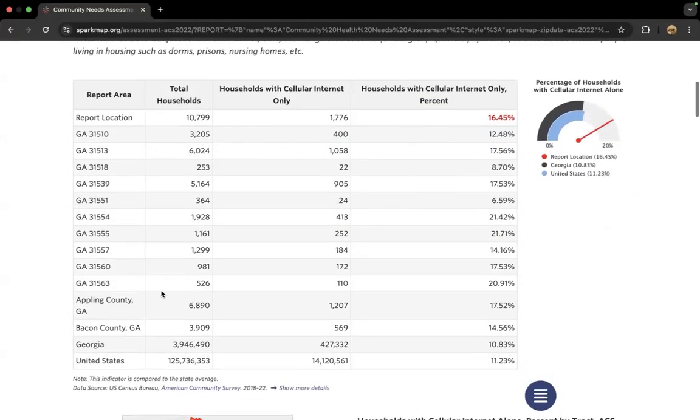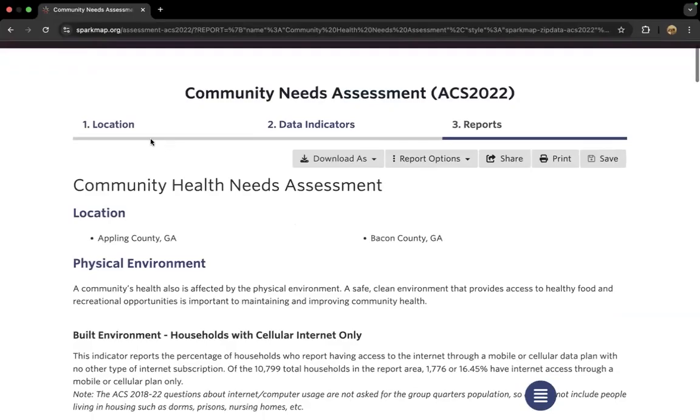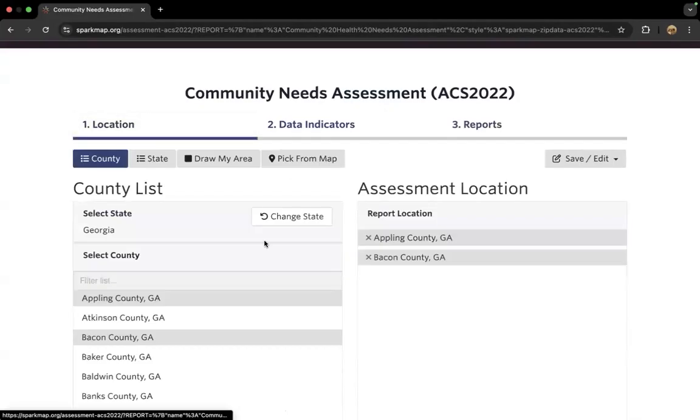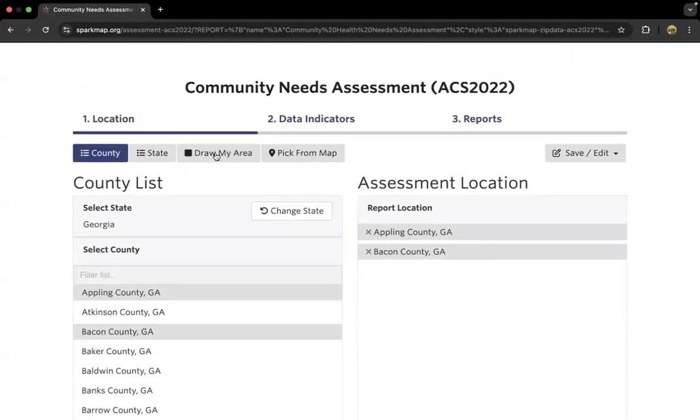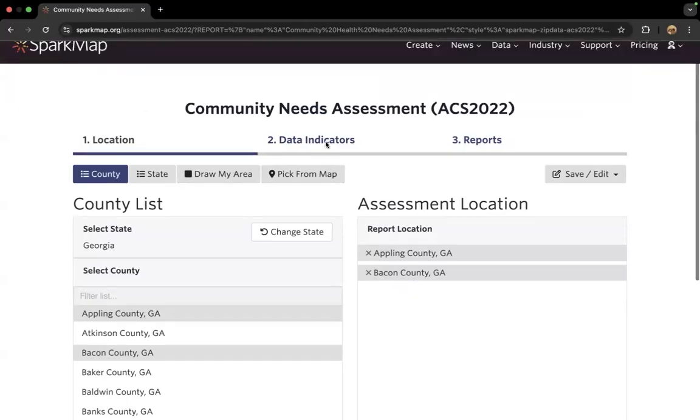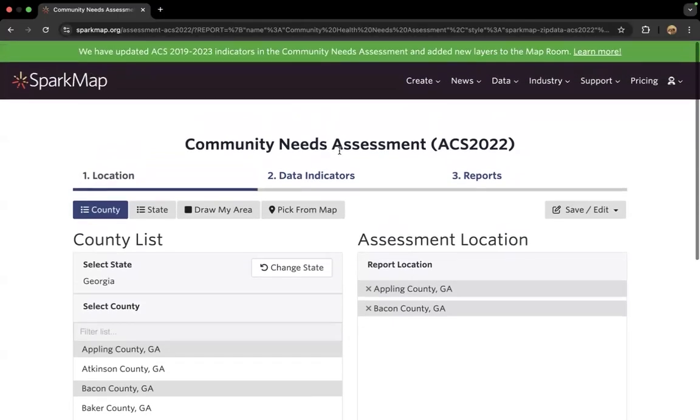And now we have all of our zip codes that are in those 2 counties listed out in our report tables. We also, in these reports and in the regular SparkMap report, have the ability to generate some custom locations for your report. And so that is something that is going to be available at the premium quarterly and premium annual level.